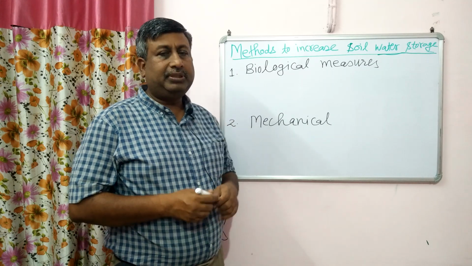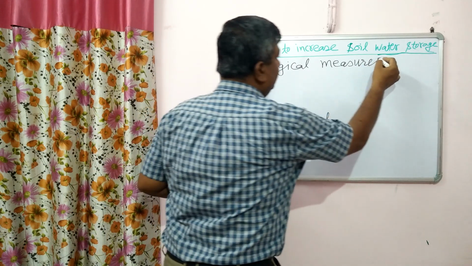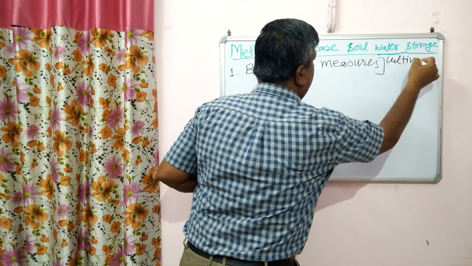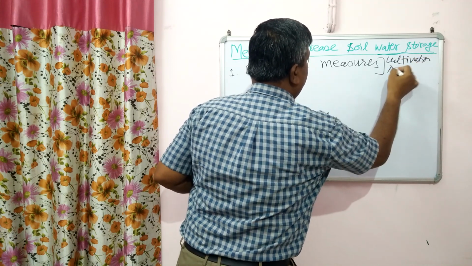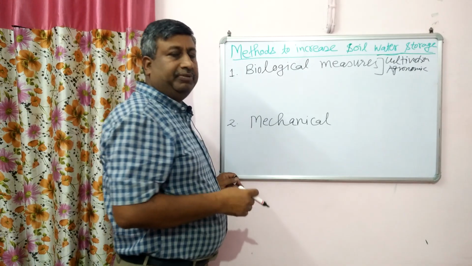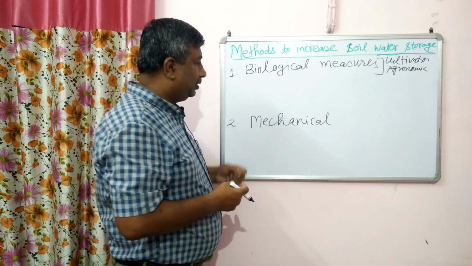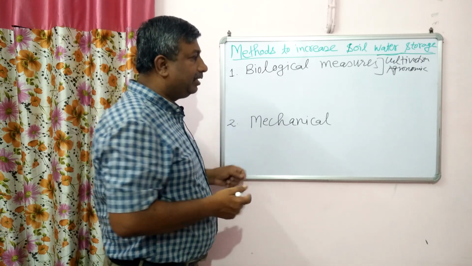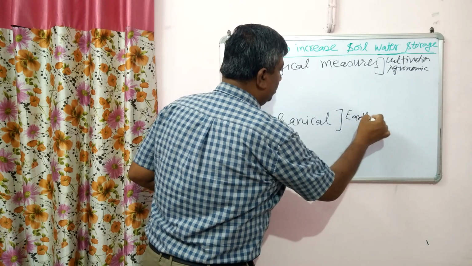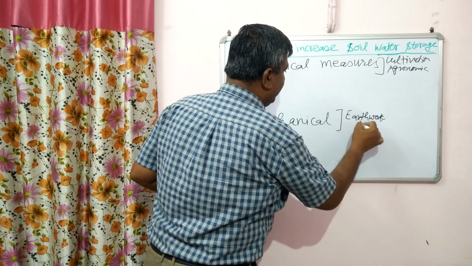Actually, biological measures are cultivation practices or agronomic measures. So these practices are related with the cultivation practices. While in case of mechanical measures, we do some earthwork and make some engineering structures.